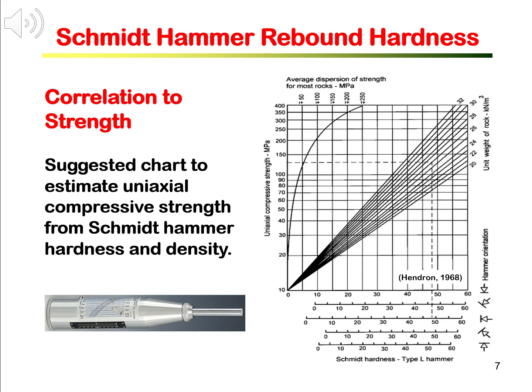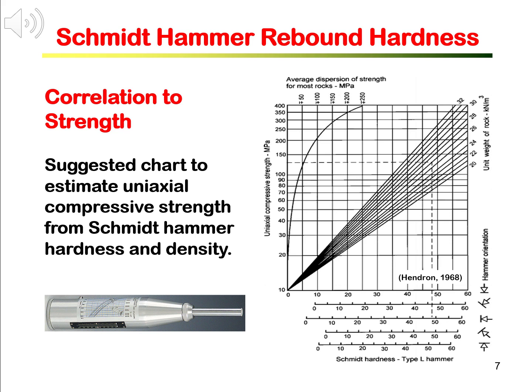In the rock mechanics class, section 2.1, we have learned that we can estimate rock material strength from the Schmidt rebound hardness. And the correlation is shown by this chart here on the right.